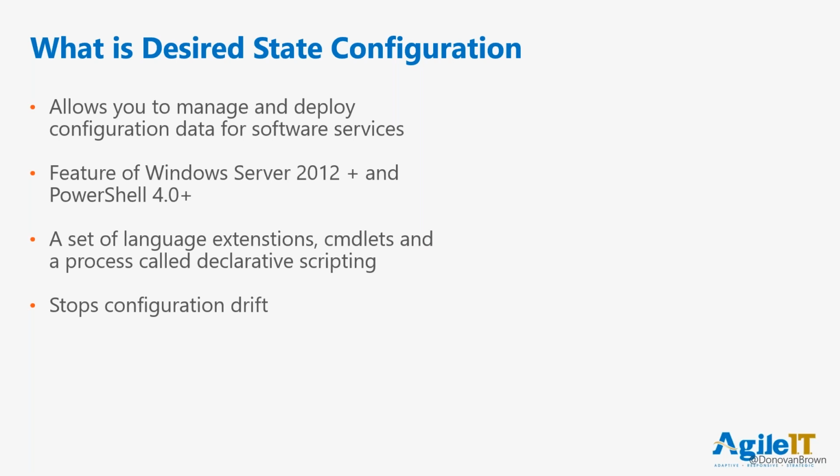Now, the cool thing about this, if this wasn't interesting enough, is there's a depends by flag you can set. So if you have a multi-machine configuration and you need to make sure that SQL is installed on machine A prior to installing it on machine B, it can do that.